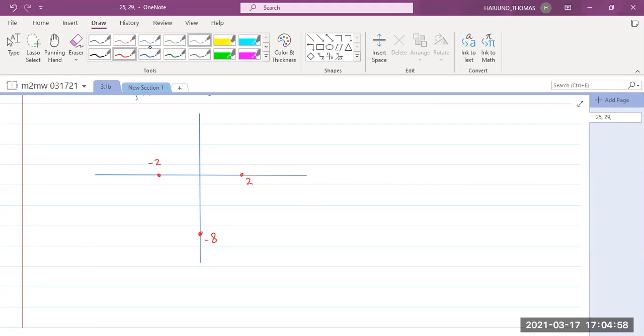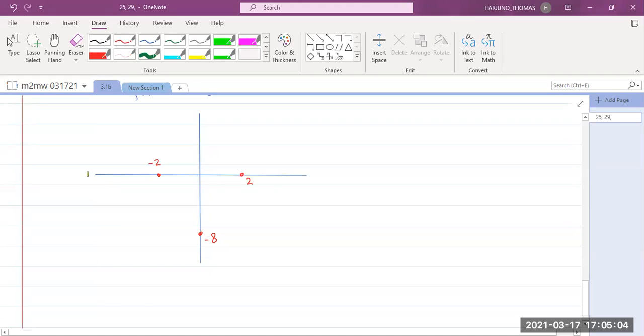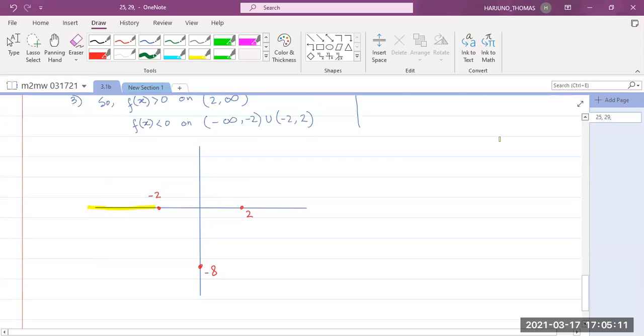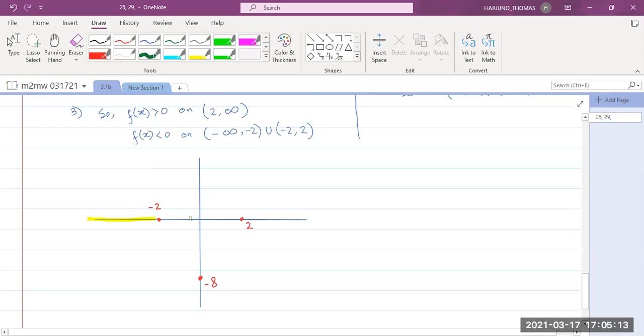Now, the function is negative in this interval, and between -2 and 2, those are negative. And it will be positive from 2 to infinity.